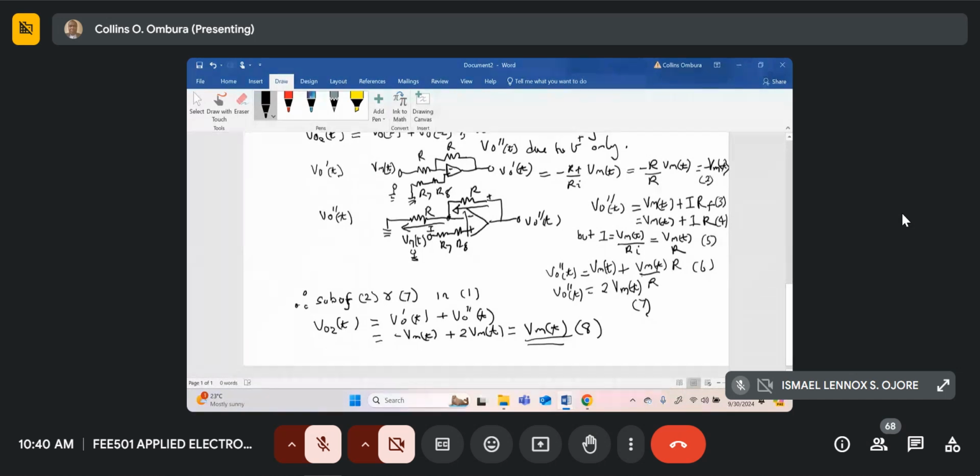So we can draw some conclusions. Remember V naught of 2 is when the switch is open.